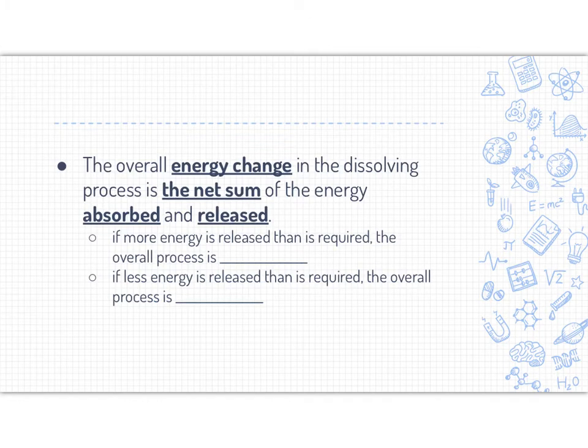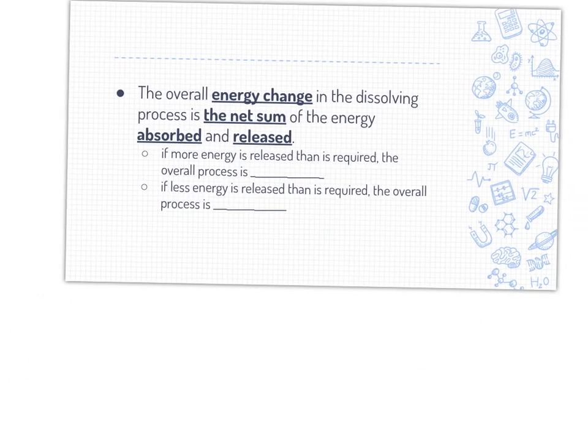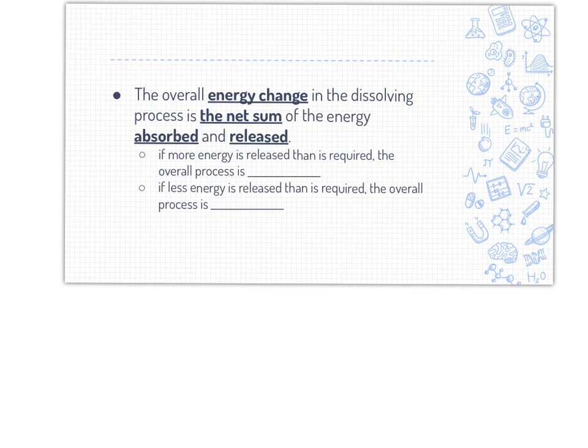The overall energy change in the dissolving process is the net sum of the energy absorbed and released. What does that mean? If more energy is released than required, so we are releasing energy, releasing energy is exothermic, so I'm going to say it's negative.